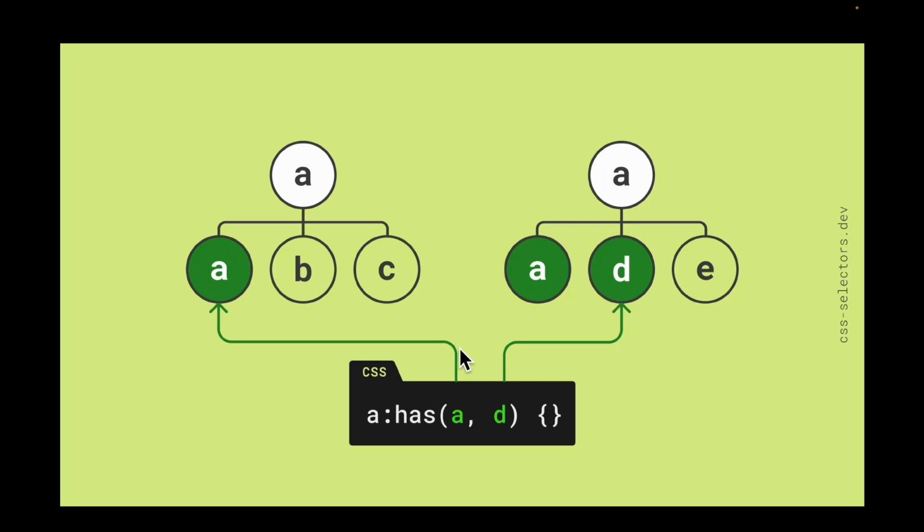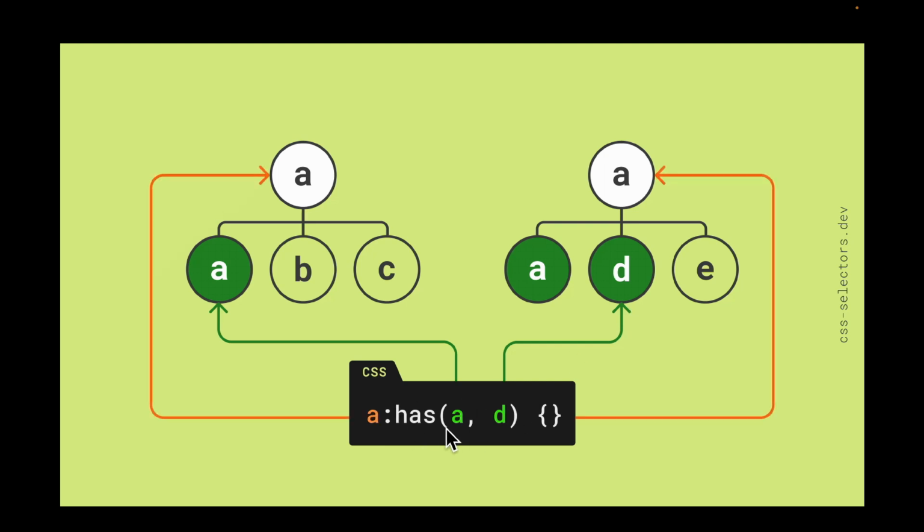Now the arrow should go here as well for the second one, but let's focus on this D for now. With this has pseudo-class, it will select both parent A elements, as both contain either A or D elements. This is how the OR operator works with the has pseudo-class.